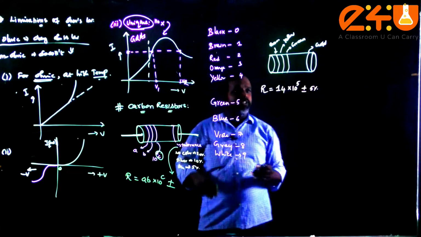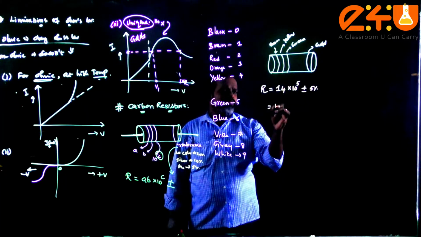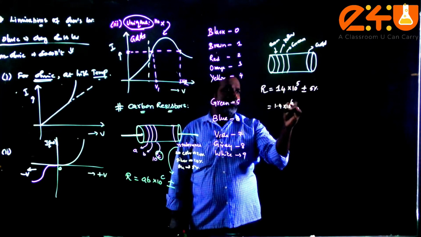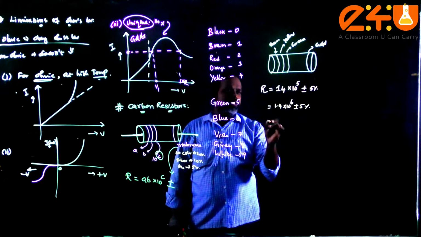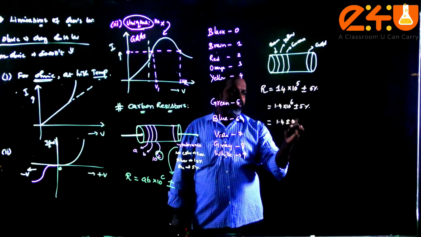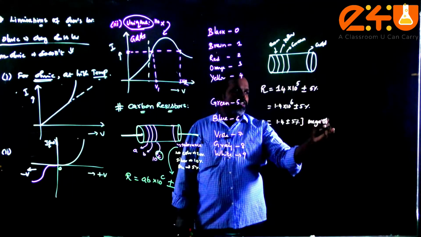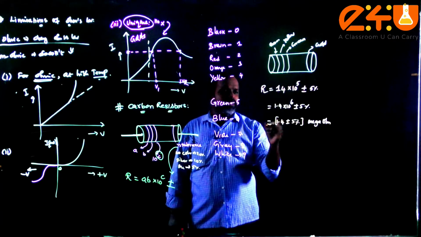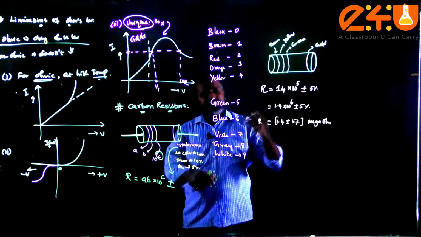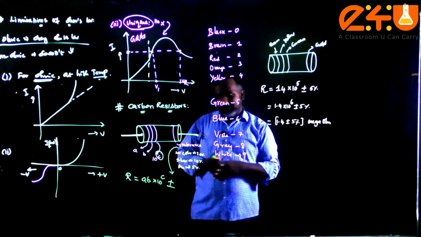The same can be written as 1.4 into 10 to the power of 6 plus or minus 5%, or 1.4 megaohm plus or minus 5%. This is the general representation of how carbon color coding is used. Thank you, students.